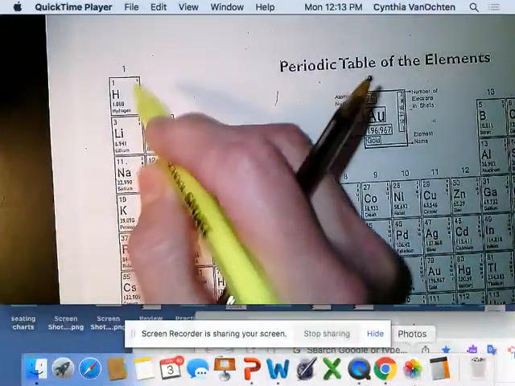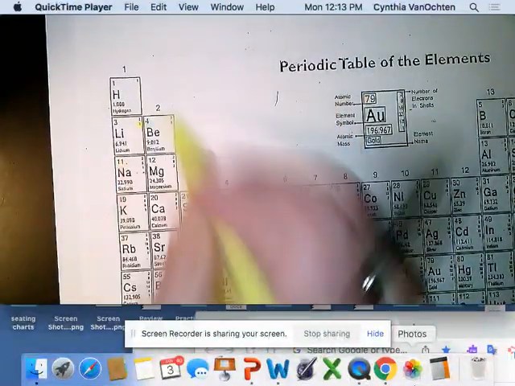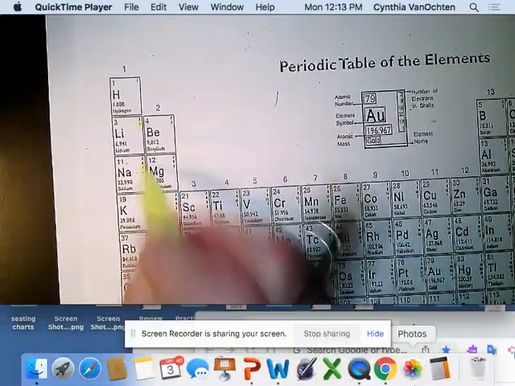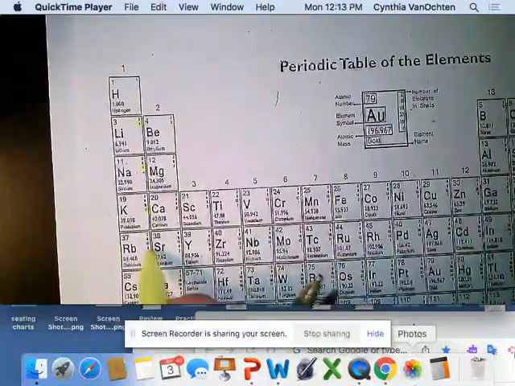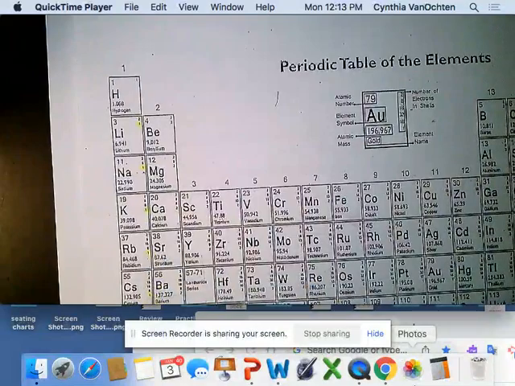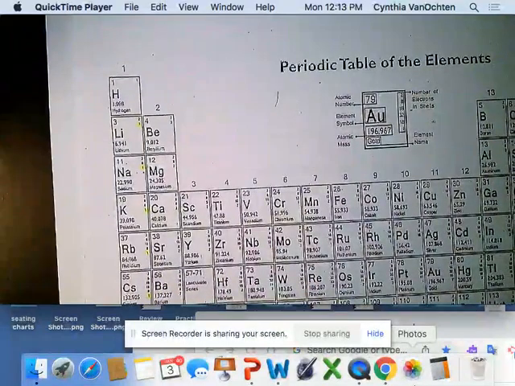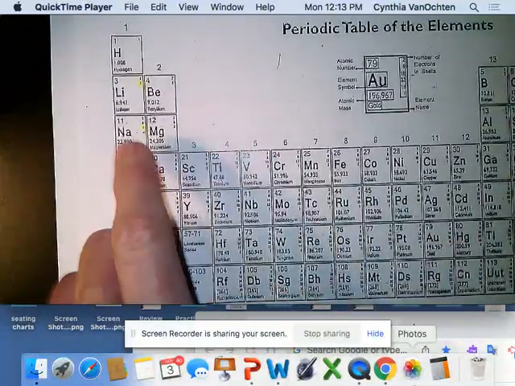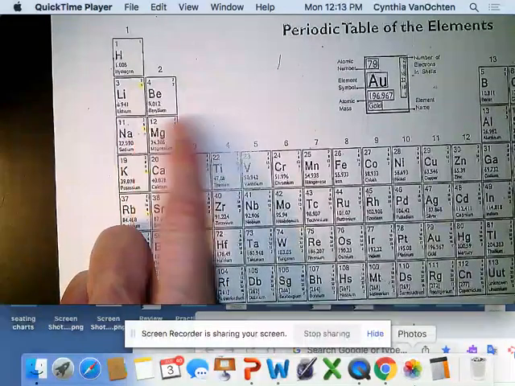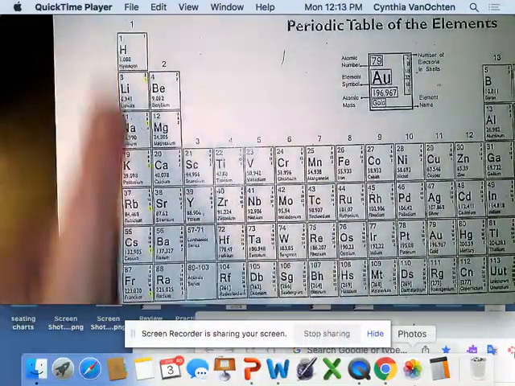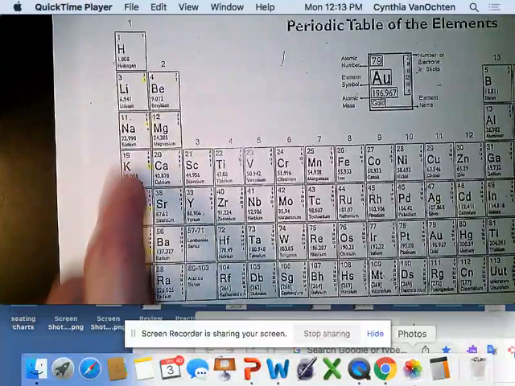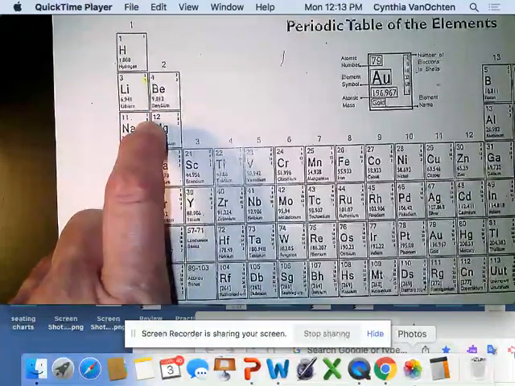So if you look at lithium, it's got 1 here. If you look at sodium, it's got 1. Potassium, 1. They all have 1 valence electron. But what I really want you to notice is when the atom gives up its 1 valence electron, because all of the alkali metals love to do that, then the next ring is full.